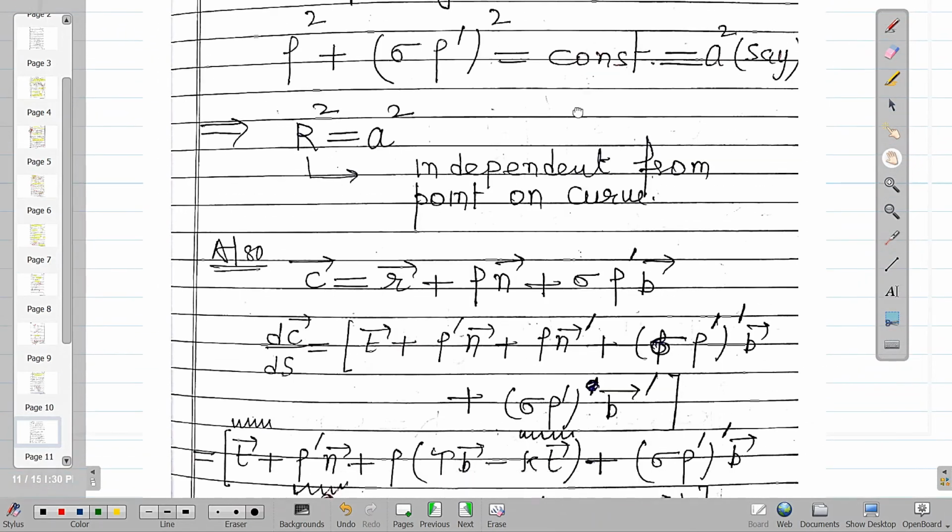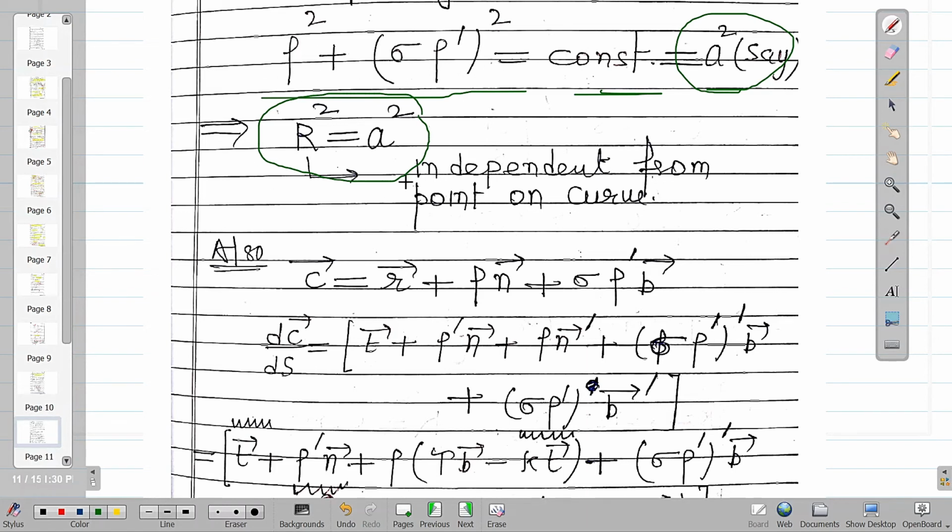We get rho square plus sigma rho dash whole square. This is constant. If it is constant and also positive, take it of this form, a square. Now if a square, it implies this r square and a square are equal, right? Because this is r square.